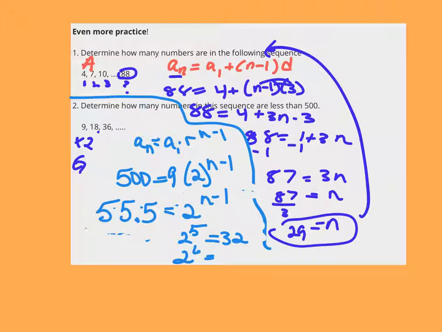However, we notice that it's n minus 1, so I need n minus 1 to give me the 5, which tells me that my n value then would need to be 6. So my n value here is 6. 6 minus 1 would give me the 5. So 6 terms is what we're looking at.